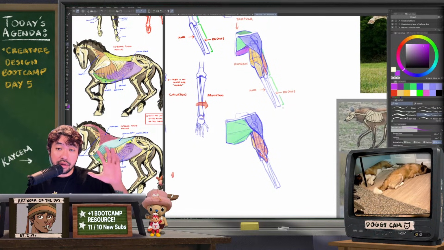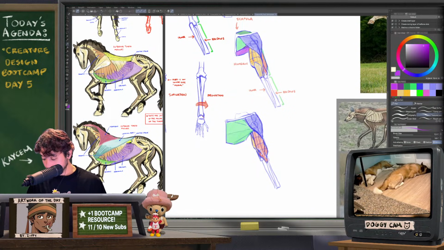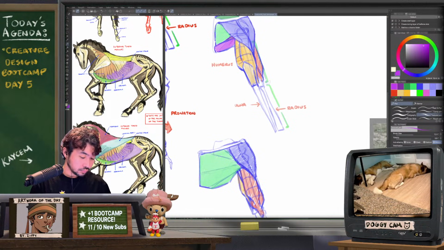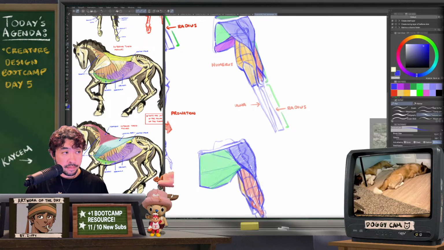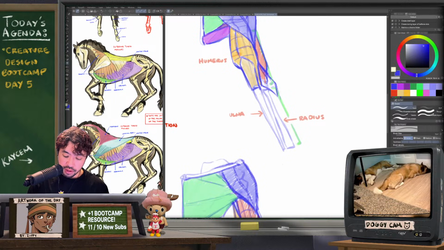Now we're going to talk about the forearm muscles, and then we'll talk about simplifications of those muscles. Now, in back view, the first major set of muscles for the forearm are actually not even in the forearm. They're still part of the upper arm, and they're going to be called together the ridge muscles.